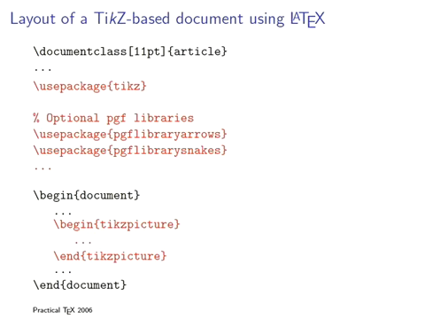Now, the actual picture that you're going to draw is embedded somewhere within your document, wherever you want it to appear, perhaps in a figure, perhaps not. It's simply a tikzpicture environment. Begin tikzpicture, and then whatever TikZ commands you need to draw the diagram that you're interested in, followed by the end of that environment.